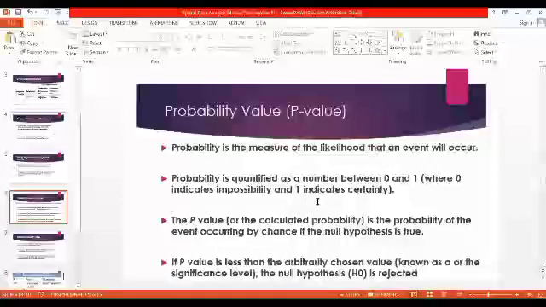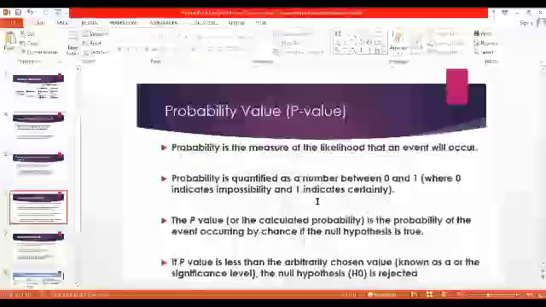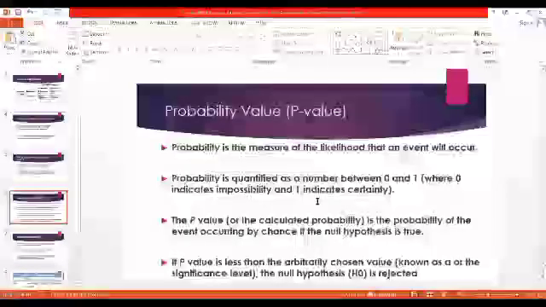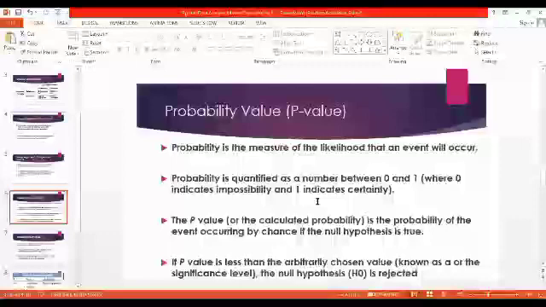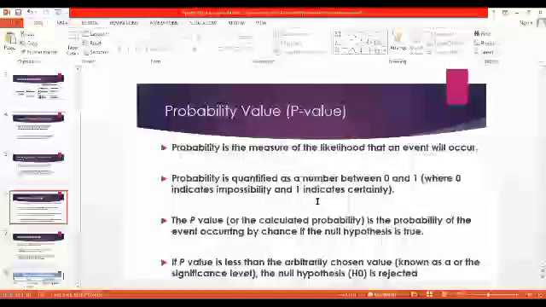The p-value is the probability of the event occurring by chance if the null hypothesis is true. If the p-value is less than the chosen benchmark of 0.05 in most cases, or 0.01, the null hypothesis is thereby rejected. The next slides will explain further.